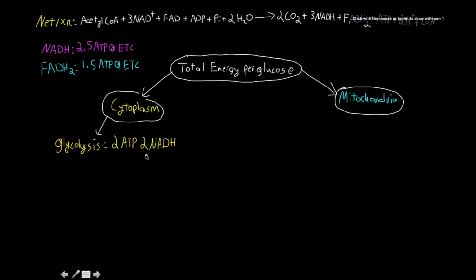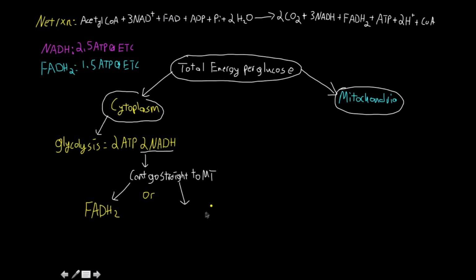Now, the issue with NADH is that it cannot be directly transported as is to the mitochondria. So for reasons that aren't 100% clear to me, we have to transfer it to either FADH2, or to another NAD+ to give us NADH.